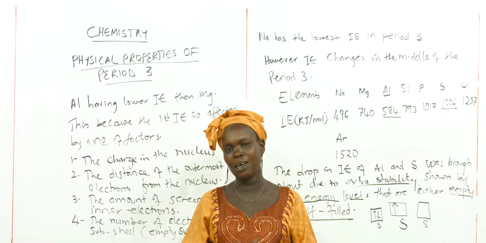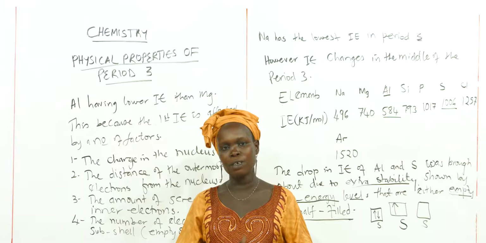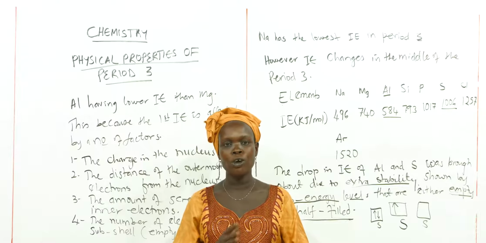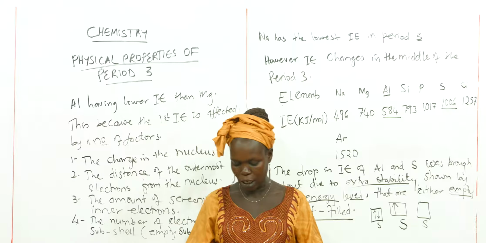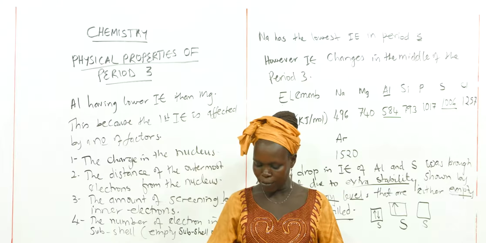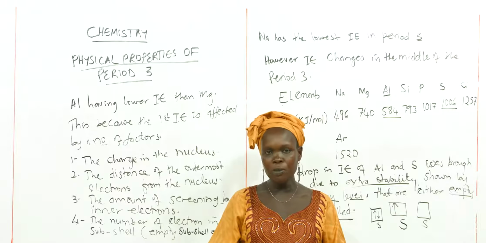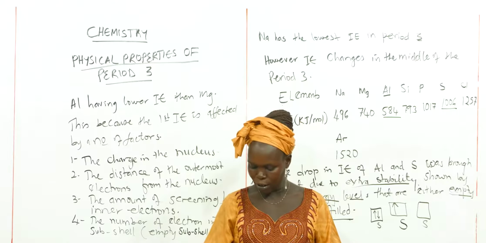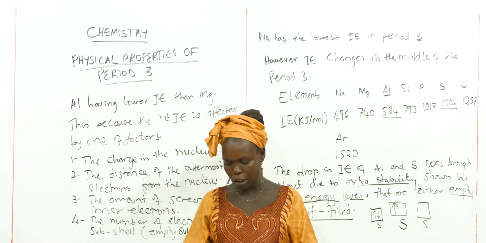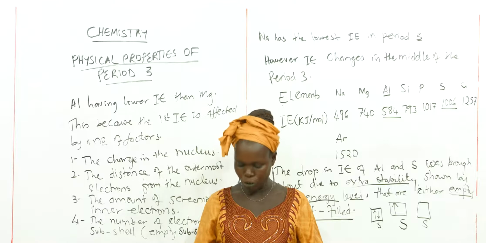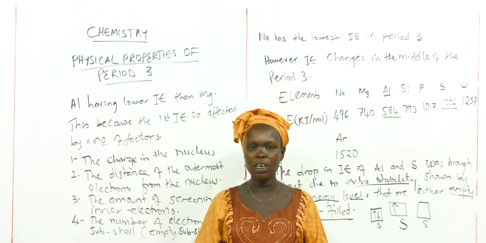So we expect that aluminium should have a higher ionization energy than magnesium, but in this case this is not true. This fall in ionization energy shows that aluminium, with an extra electron compared to magnesium, should have a higher value of ionization energy. Though this is not the case, the electron to be lost in aluminium is located in the second subshell.